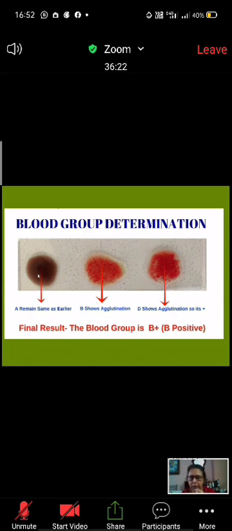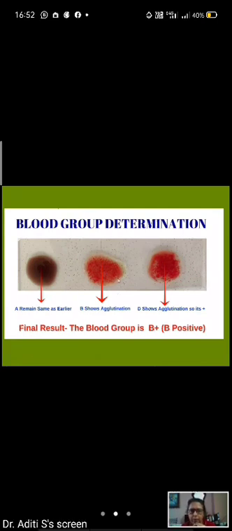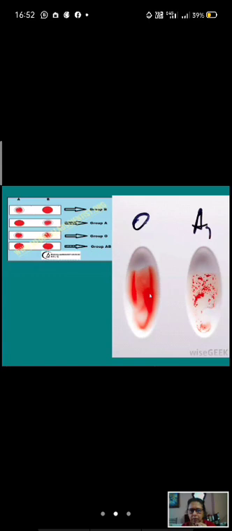RBCs are floating here, no clumping. But under microscope with clumping, you could see this clump like this. RBCs are clumped. So always confirm under microscope. This is the clumping. This is no clumping.